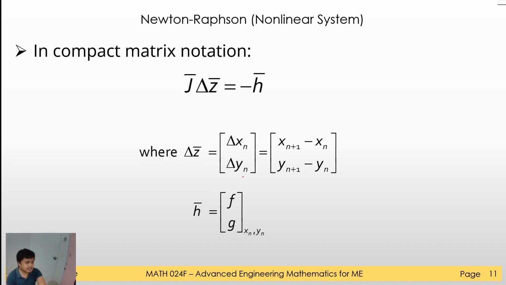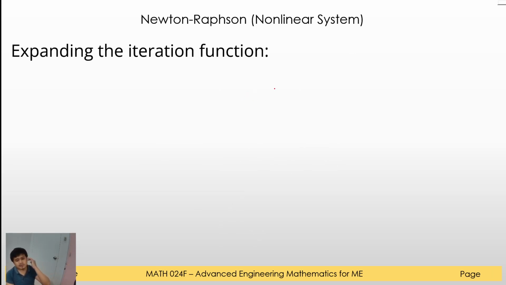And then the h here is just the two functions, the functions on the right hand side. Now, if we want to expand this iteration function, we are interested in solving the system of nonlinear equations, but we can create an iteration function using these given matrices.